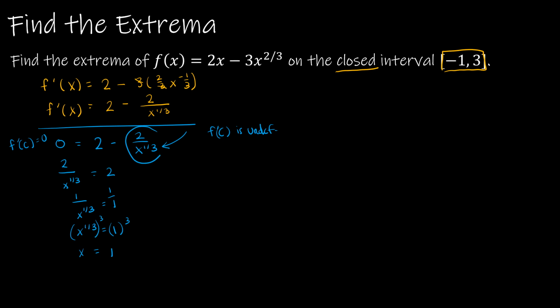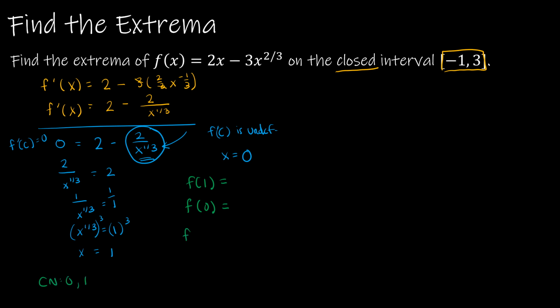Well, it's going to be undefined when x is equal to 0, because if I have 0 in my denominator, obviously that's an undefined function. So that means my critical numbers are 1 and 0. So critical numbers 0 and 1.